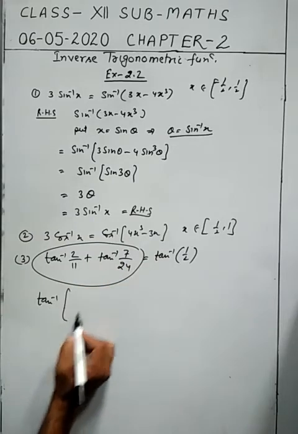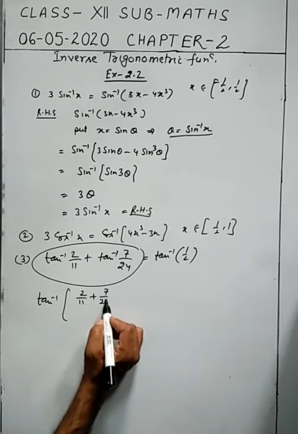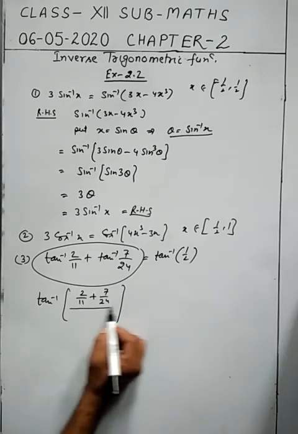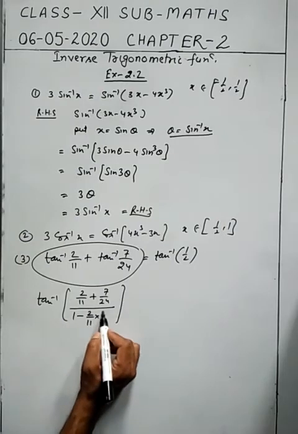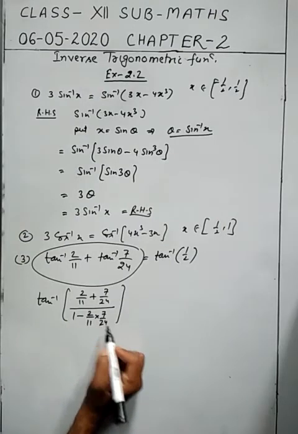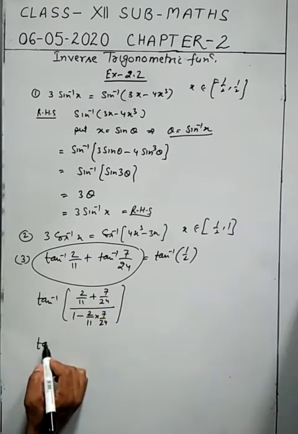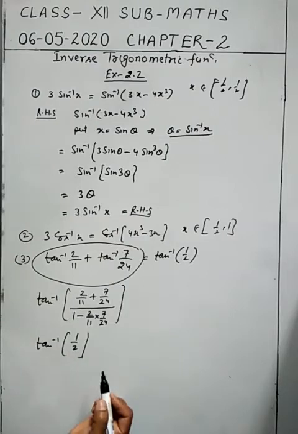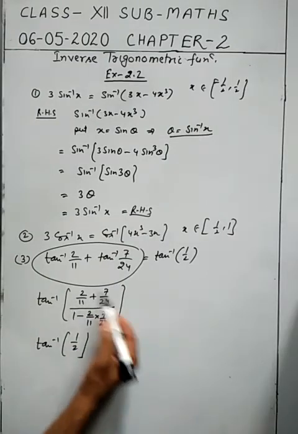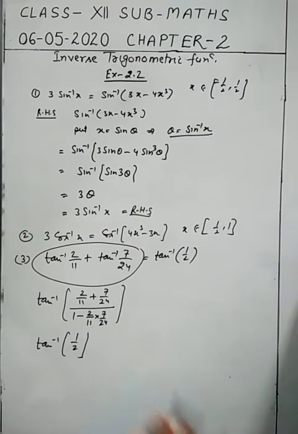This is tan inverse of A plus B upon 1 minus A into B. On solving these, you get the value tan inverse half. I think you can solve this yourself. If any problem, you can ask me.